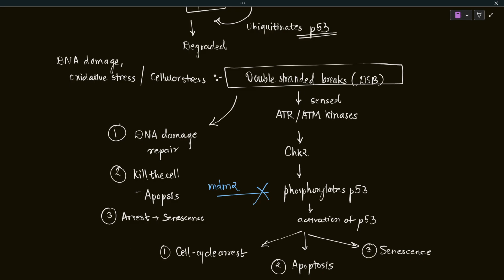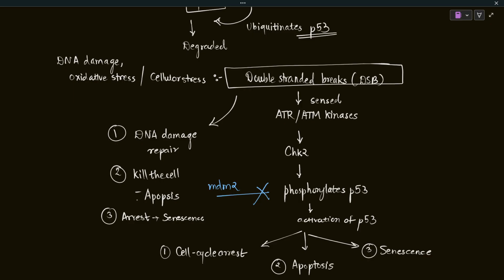Okay, so those are the three things that we can do upon sensing that there's some DNA damage due to certain cellular stress, certain oxidative stress. There are some double-stranded breaks in the DNA. So you have to take those measures as prevention of the normal cell getting converted to a tumor cell.